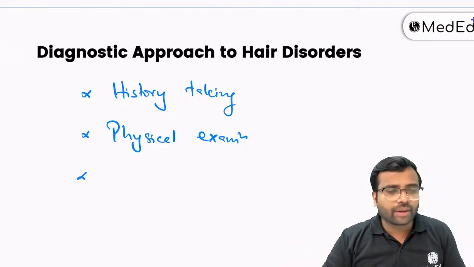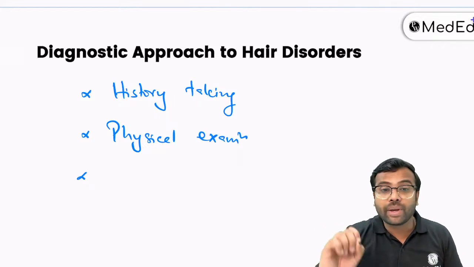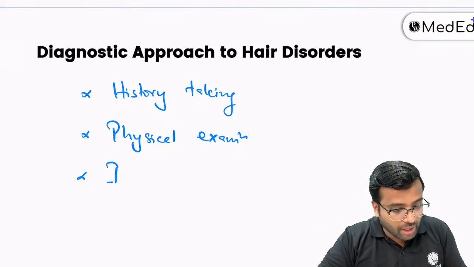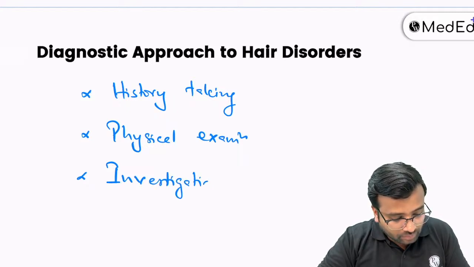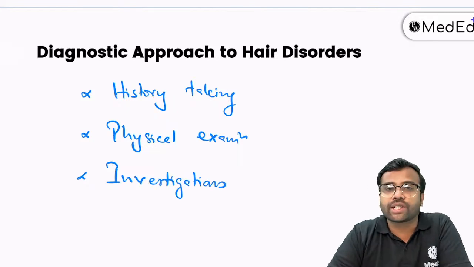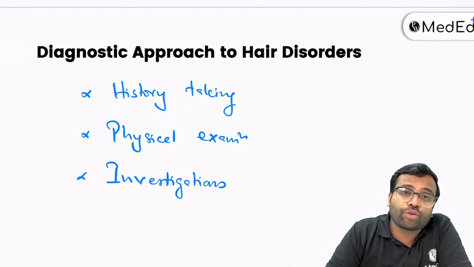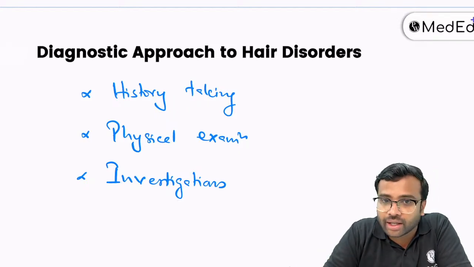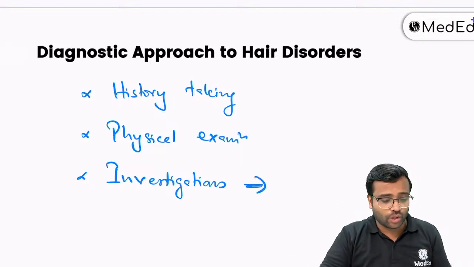And then after taking a proper history and doing a proper physical examination, make sure that you make use of proper investigations as well. Because in some cases of Tinea Capitis, you can go for a Wood's lamp examination, correct? What are the investigations that we can actually use?